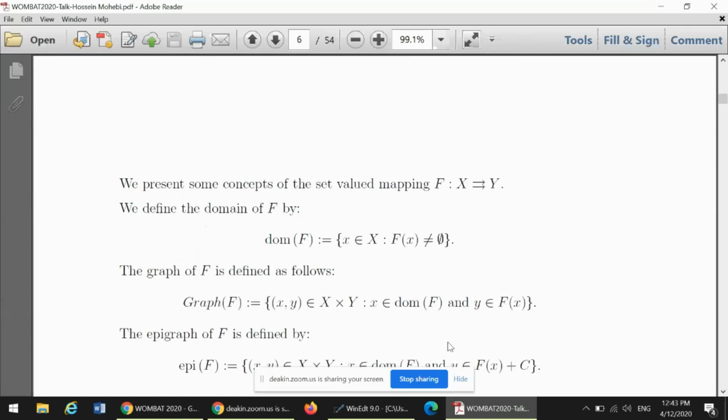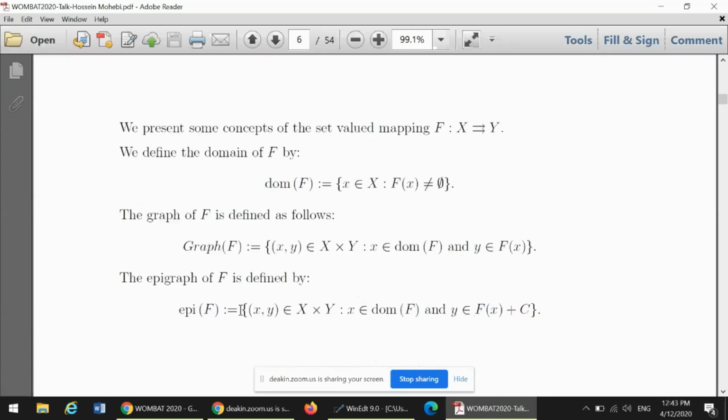We give some concepts of set-valued mapping F from X to Y. We define the domain of F by this set. Also, the graph of F is defined by this set, and the epigraph of F is defined by this set.